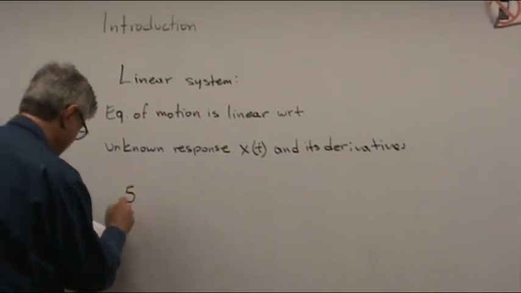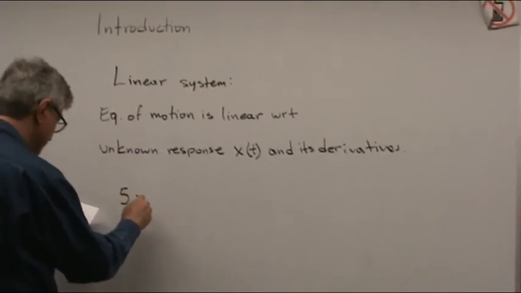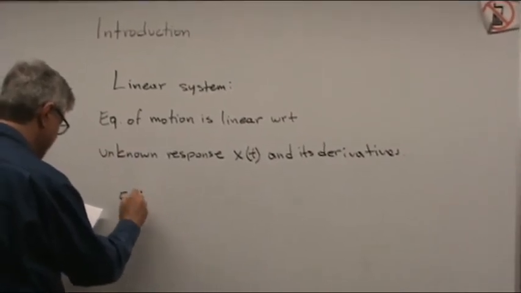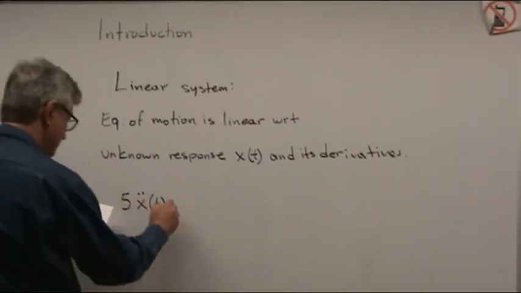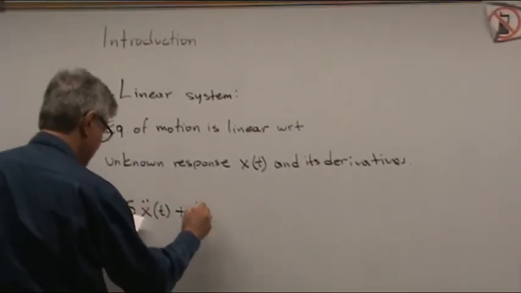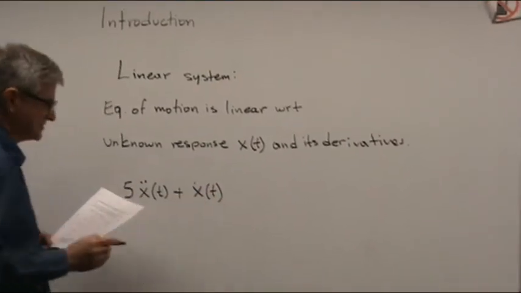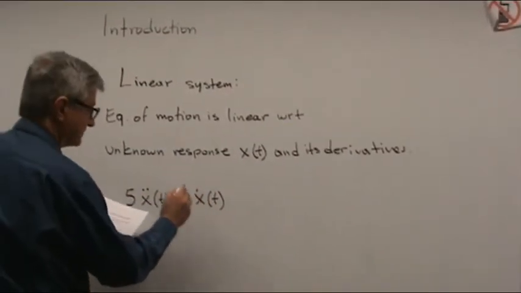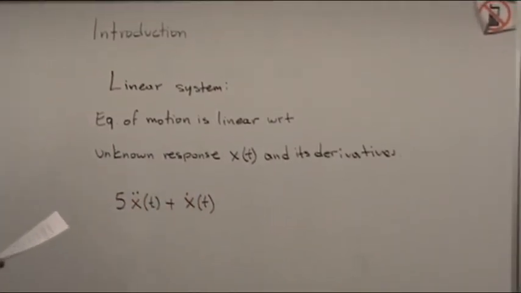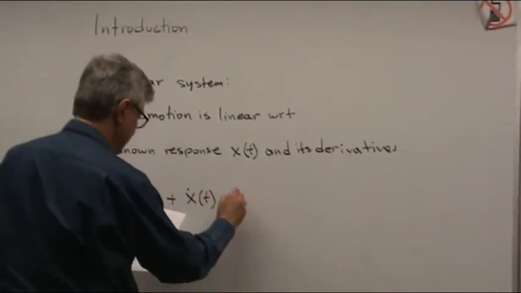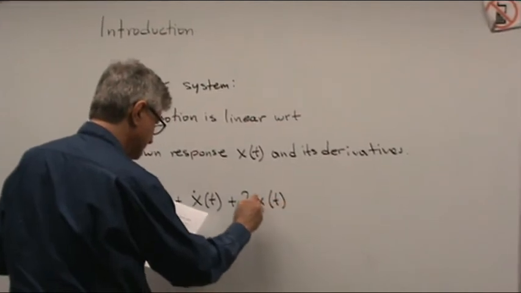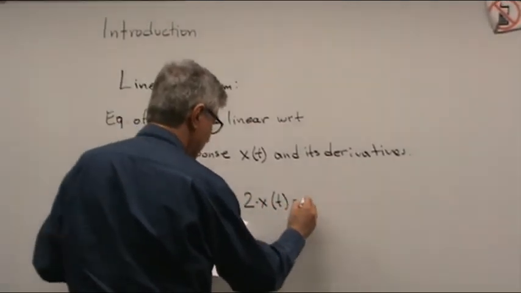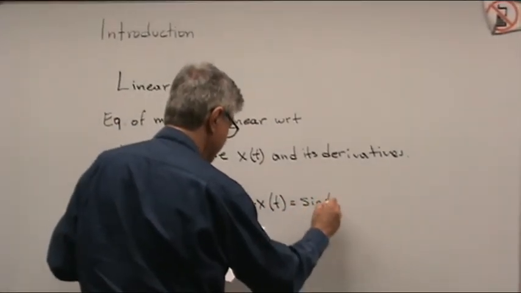Here is an example. 5 times the second derivative of the displacement plus, say, the first derivative, which you can consider as the velocity, plus 2 times the displacement, equal to sine t.